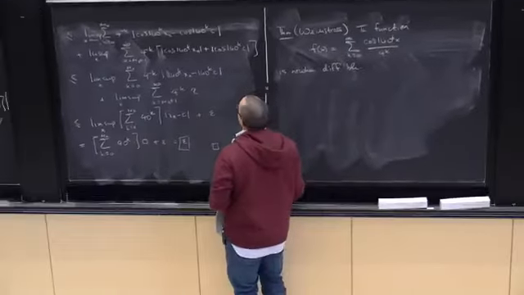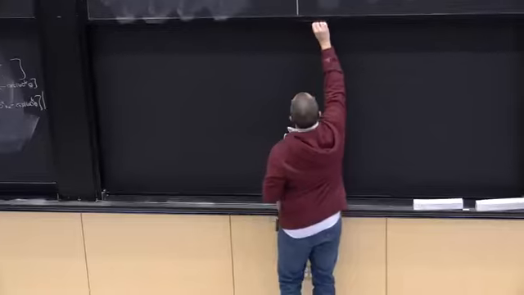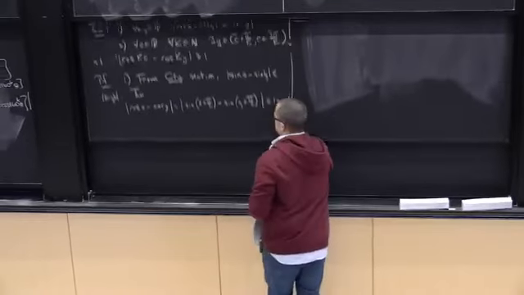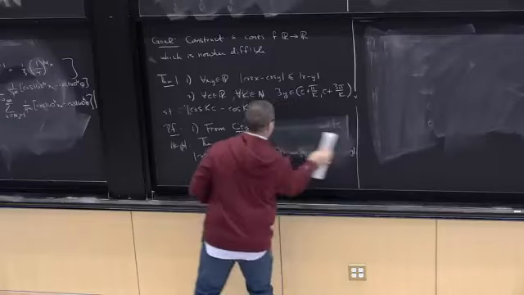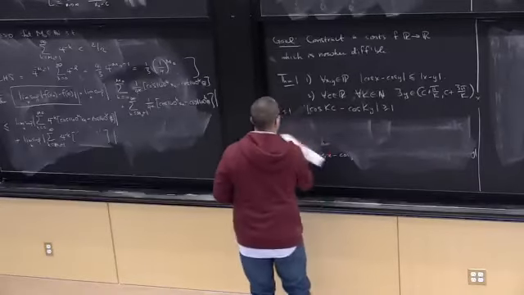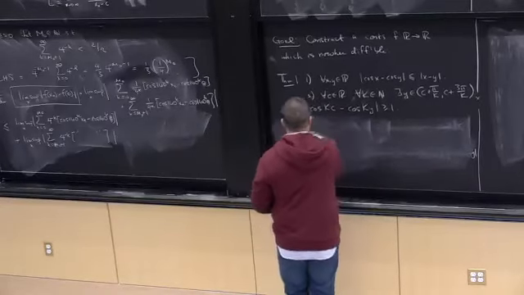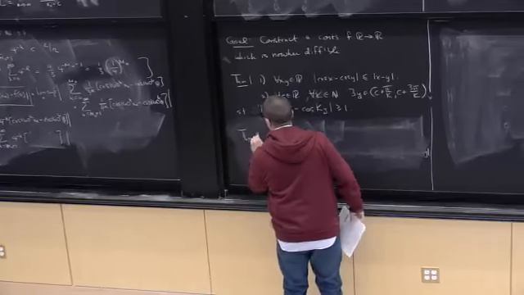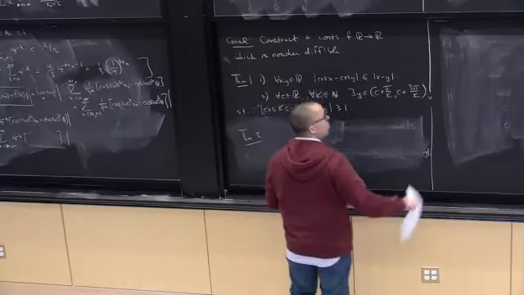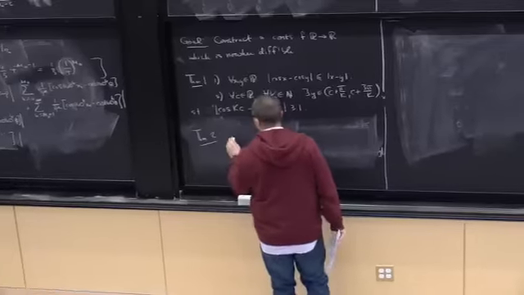So, in fact, let me give myself a little space. And I'm going to state theorem 2 from over there because I need some space to write in a minute.